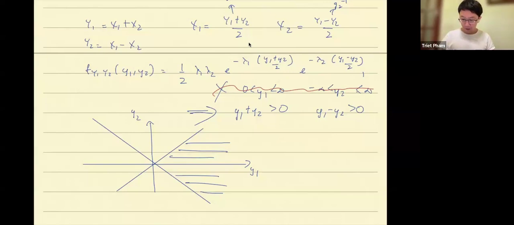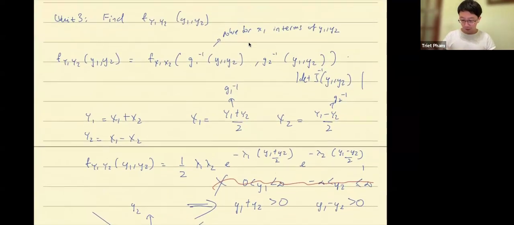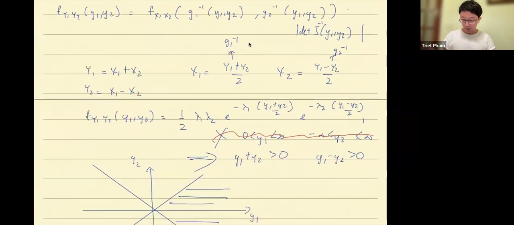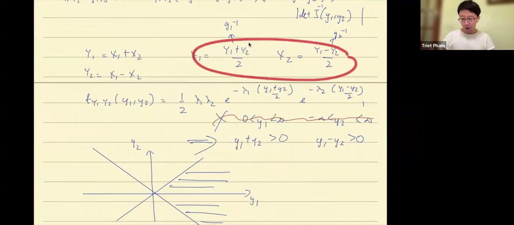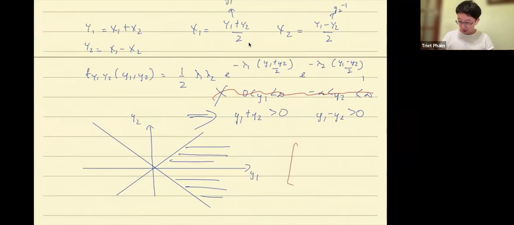All right. So one last thing I want to show you is if you take this function, which is the inverse of the map here, and you take the Jacobian of it, let's see what happens. So the Jacobian here would be differentiated with respect to y1, y2. If you take the Jacobian of that, you will get 1/2, 1/2, minus 1/2, minus 1/2, right?